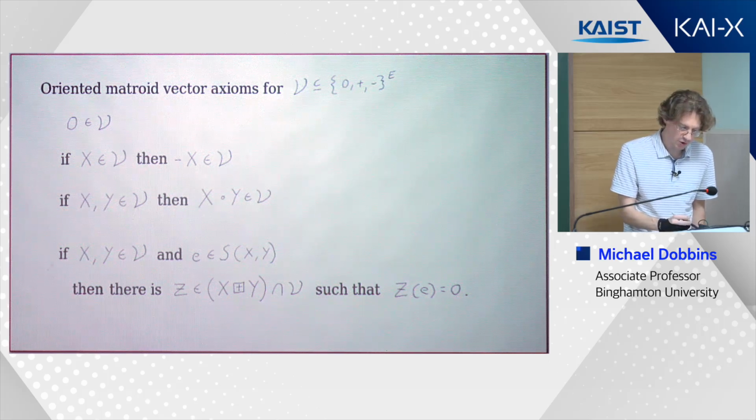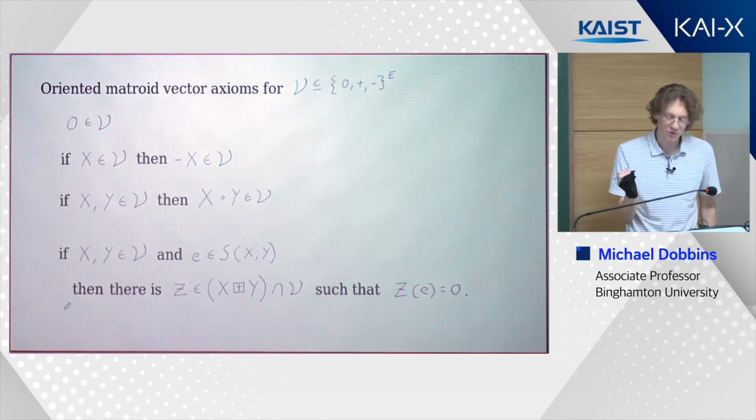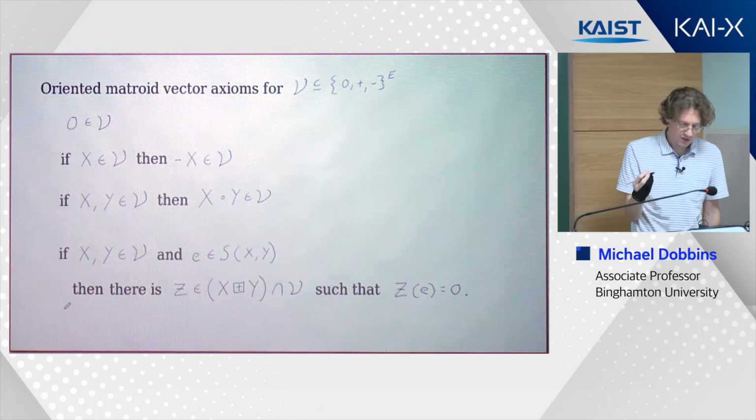So this is just for either the vector set or the covector set. And they kind of correspond to things that you would think of for a vector space. There you have addition and scalar multiplication, and it should be closed under those. So we want to think, can we do a similar kind of thing? Well, we want to have 0.